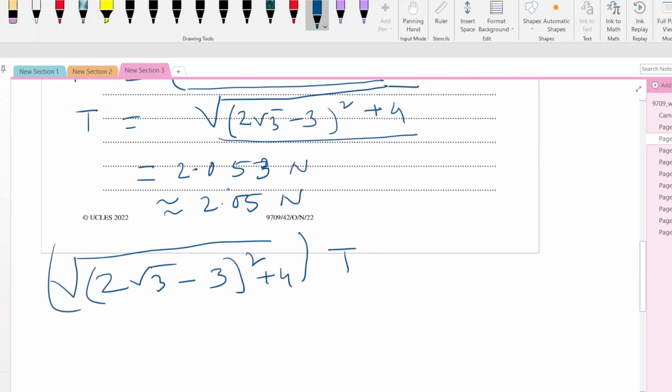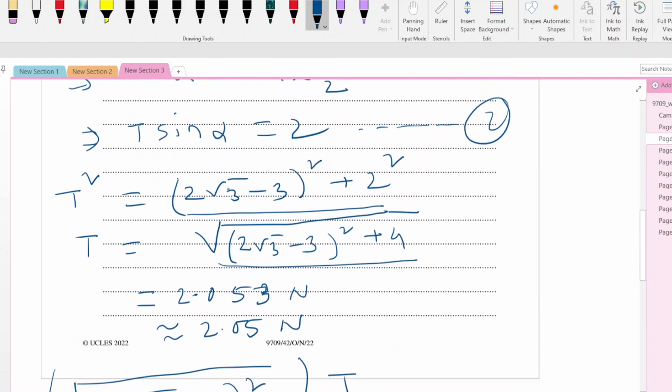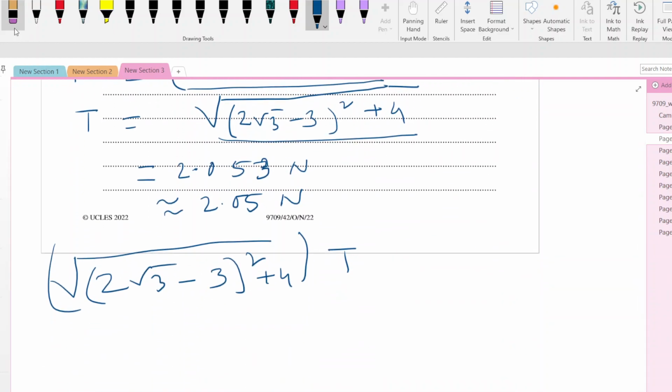T sin alpha, sorry, this is not T, this is sin alpha equals 2.